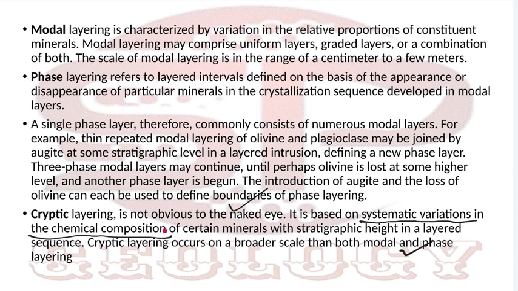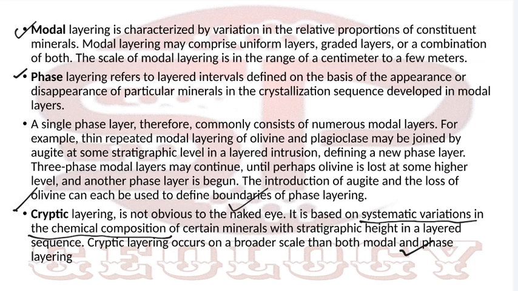So basically, cryptic layering is the variation in the chemical compositions of the rocks or of the intrusion. So these three types of layering are there: modal layering, phase layering, and cryptic layering. Modal layering is the modal percentage, phase layering is the appearance and disappearance of a particular phase, and cryptic layering is the variation in chemical composition. Three things are there.